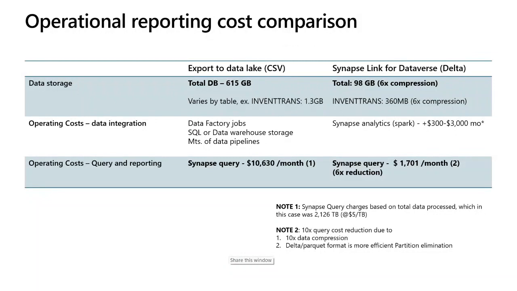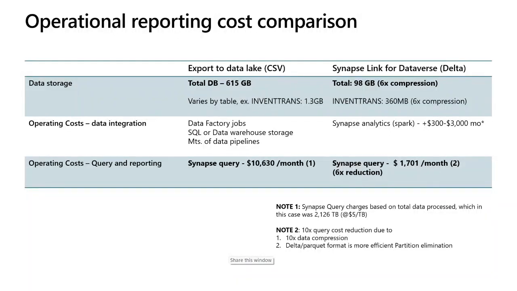Sure. So as Melinda mentioned, the cost of the data storage in Delta is quite drastically down compared to CSV because it's a columnar format and it's a compressed format.